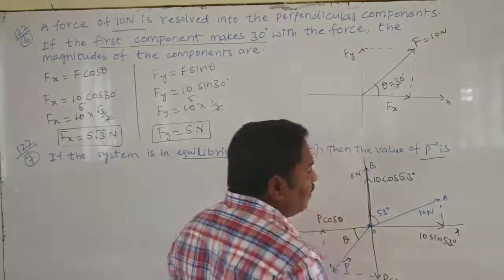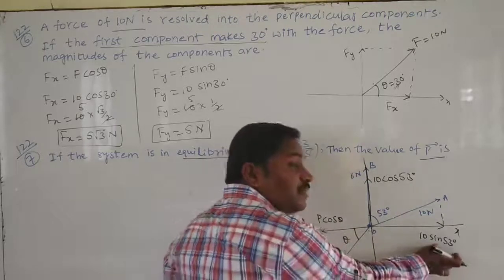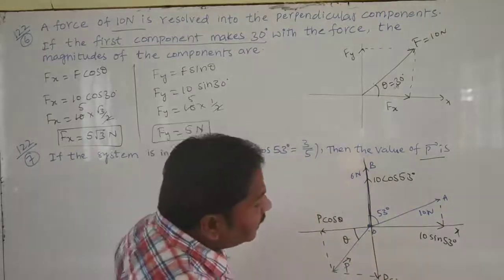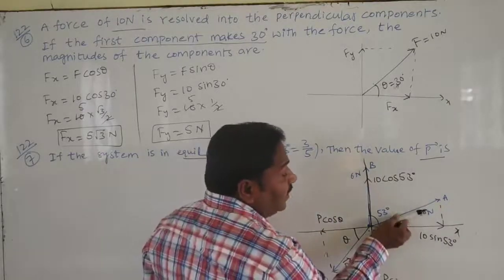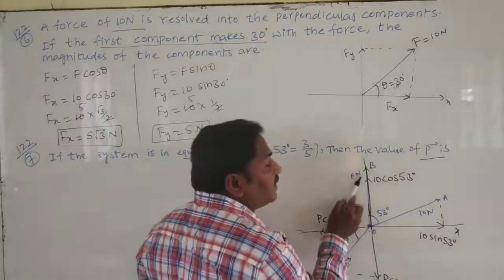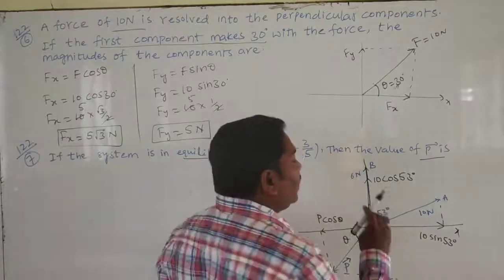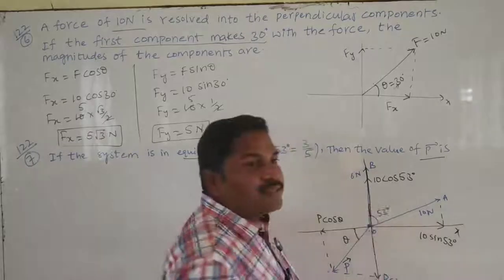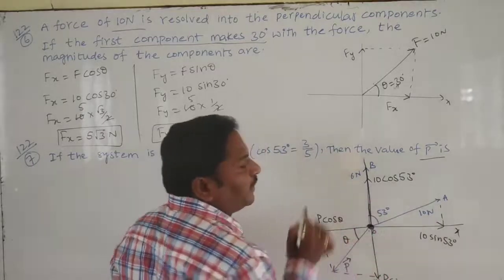If the force makes theta with the x-axis, then this component becomes cos theta and the remaining component becomes sin theta. But here the 10 newtons force makes an angle theta with the y-axis, so this component becomes cos and the remaining component becomes sine. So this is the point in equilibrium.